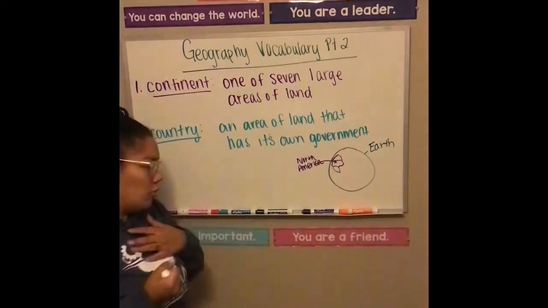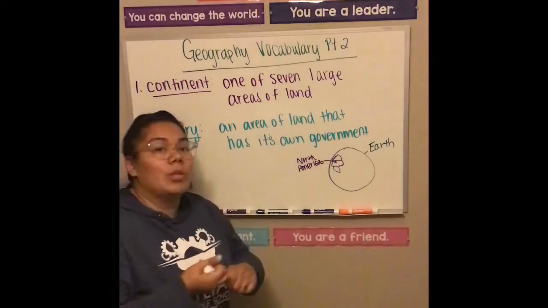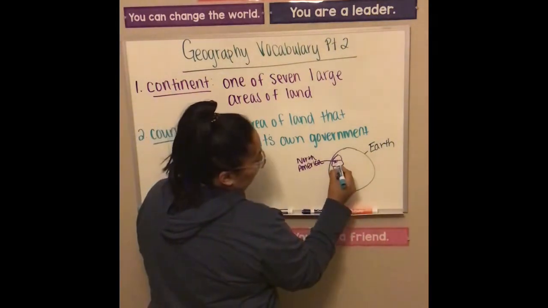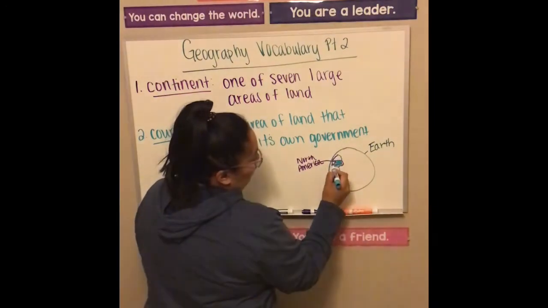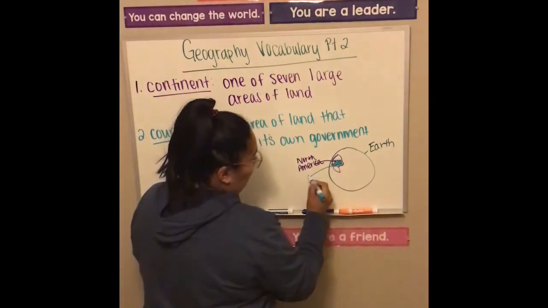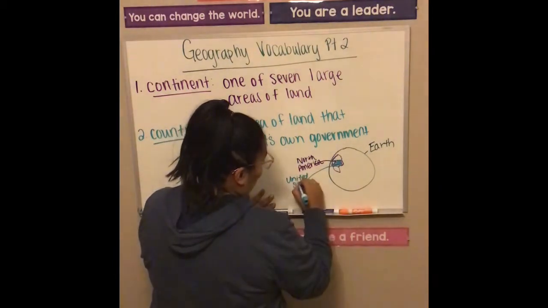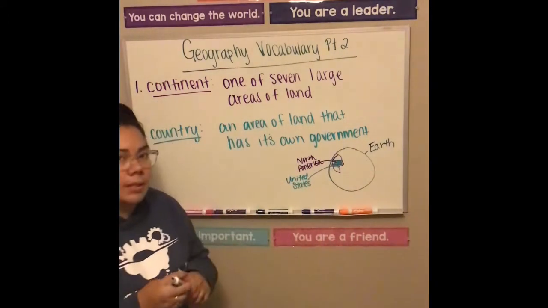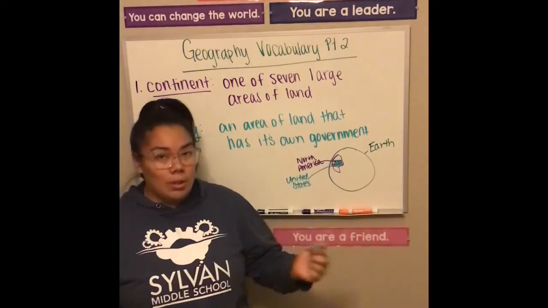Now we live in a country. We live in the United States, which happens to be on this continent. So this whole middle spot right here is the United States. Okay, that's us. We live in a big country on an even larger continent.